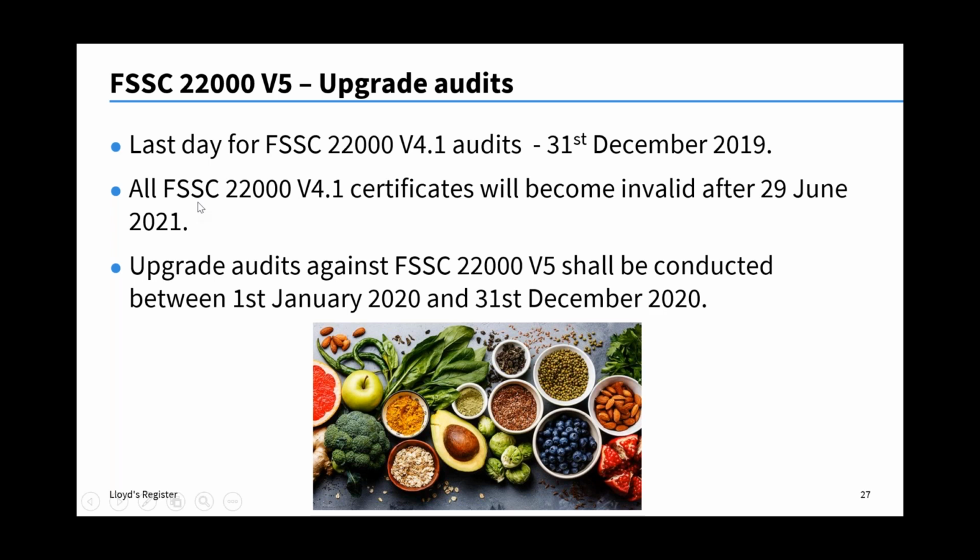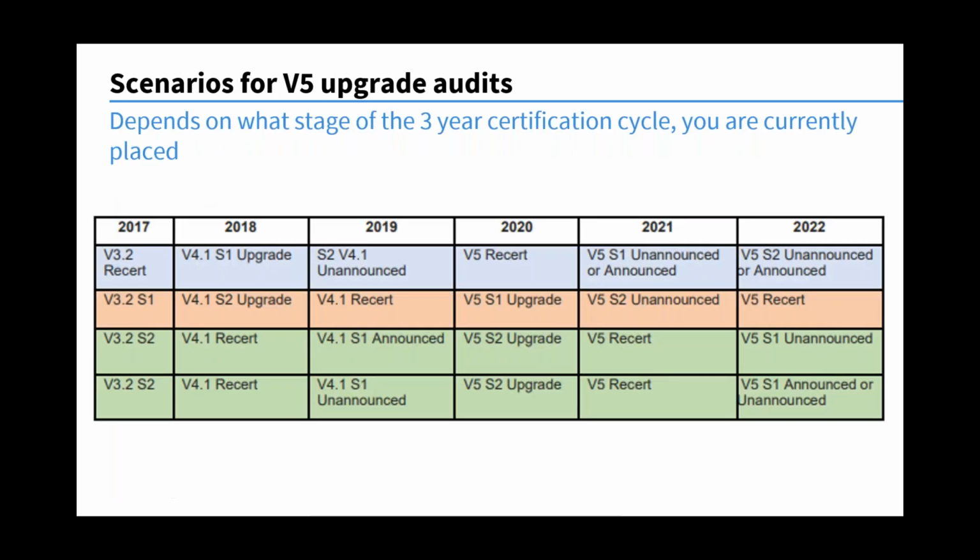So I will show you the scenarios that can happen for your certification. In 2019, if you have completed surveillance visit second, which was unannounced, then in 2020 you would have version 5 recertification.